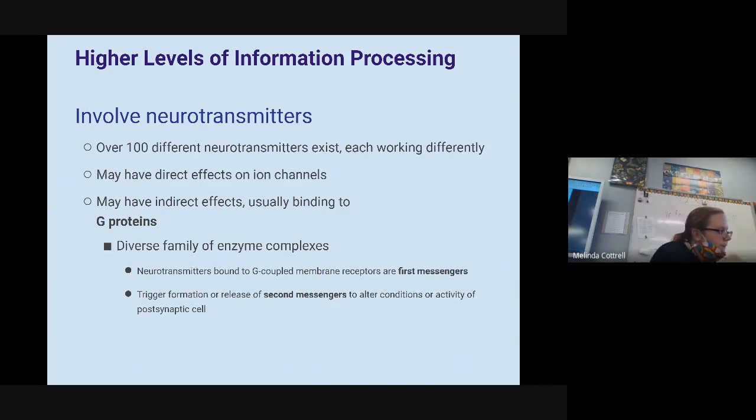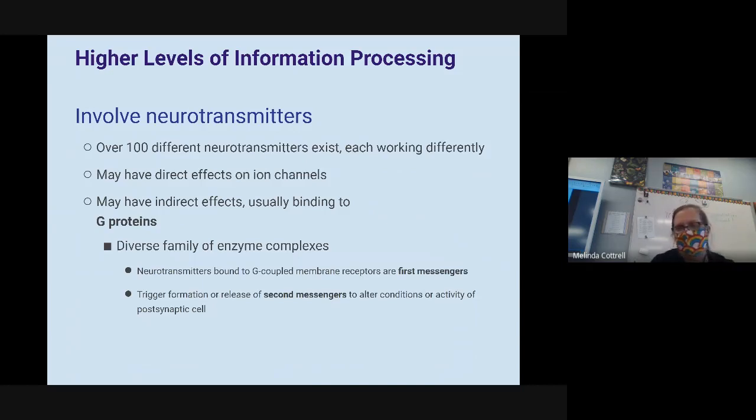But then there's norepinephrine, epinephrine, serotonin, and you might not have heard of glutamate or gamma aminobutyric acid, which is GABA. There are 100 or so different neurotransmitters. These are the ones that are common, that are most studied when you look at an anatomy class.